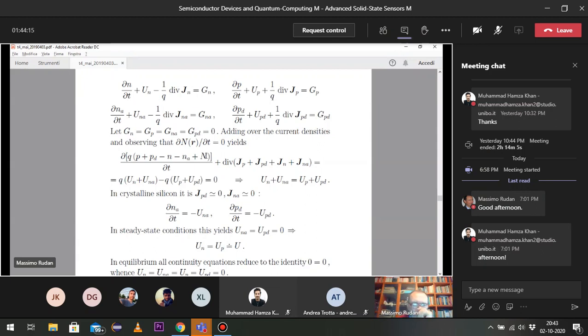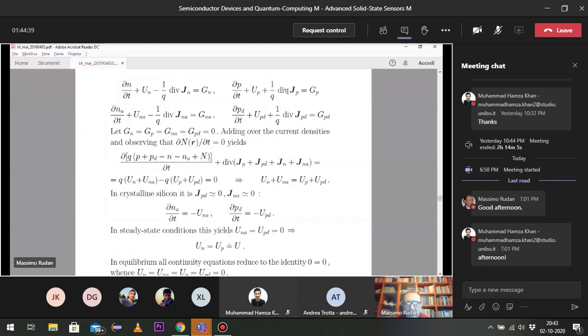Why? Because the dopant can be added safely, because the dopant profile does not depend on time. So actually, it is added under the time derivative, so it is 0. The time derivative is 0, okay? And finally, we multiply by the electron charge, okay?